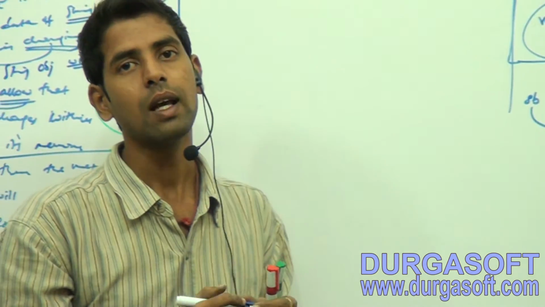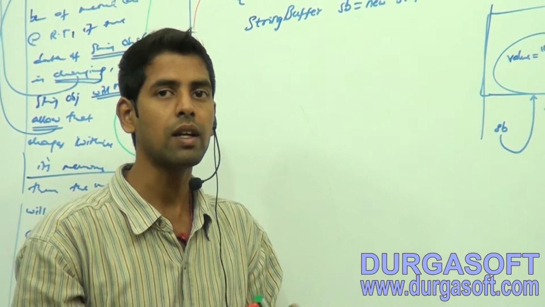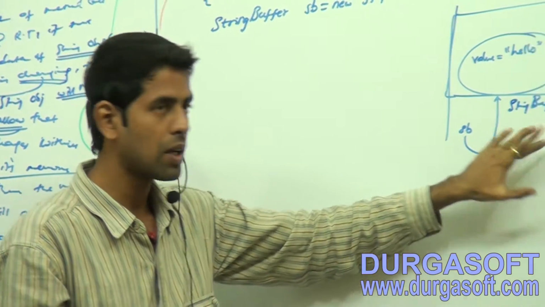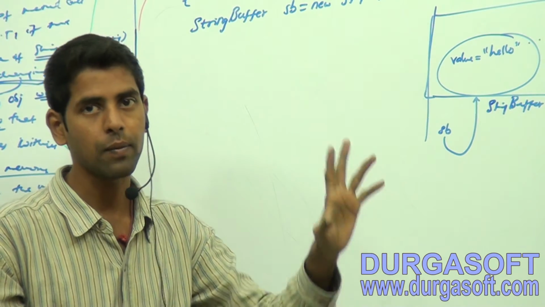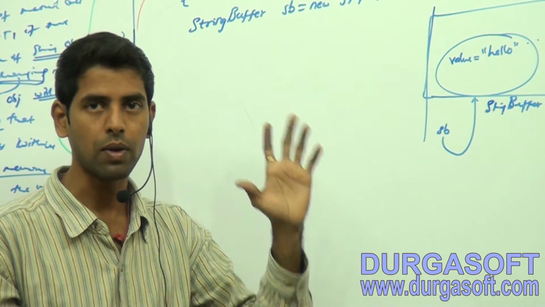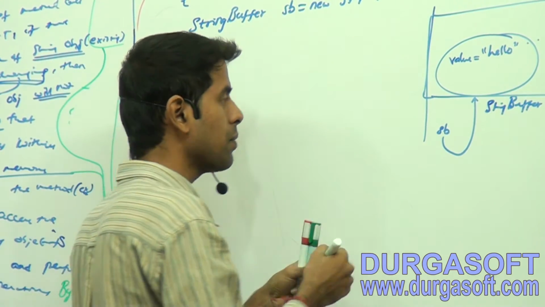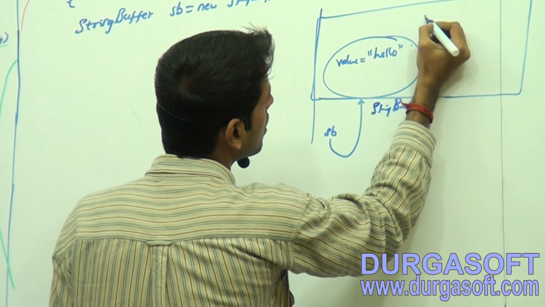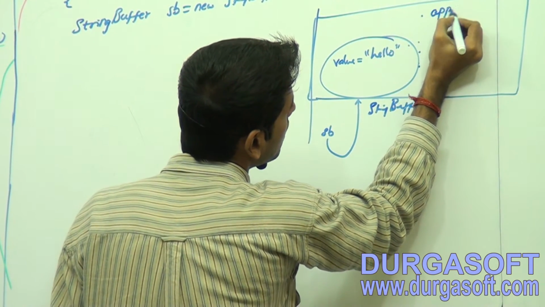You have the append method. Let me take the append method. No need to worry. As part of understanding the StringBuffer class, I will discuss each and every method of it. Now you have many instance methods available with this object. One among them is the append method.